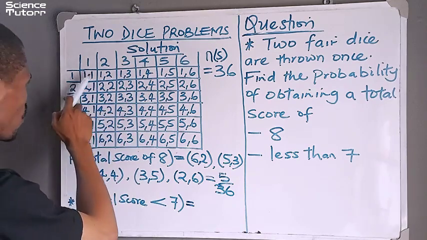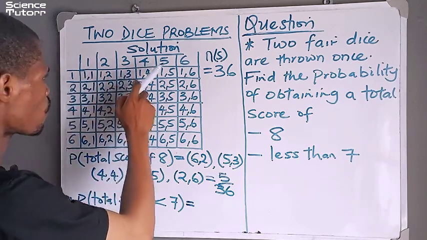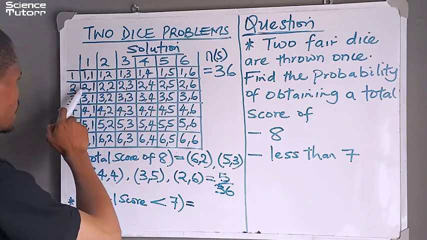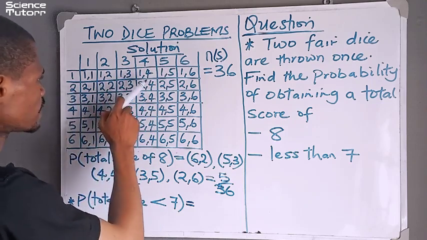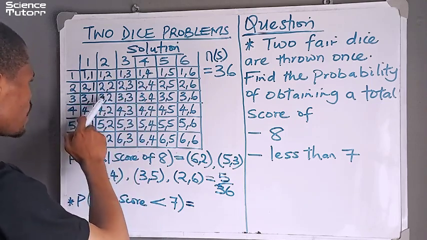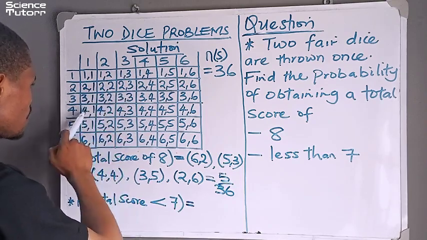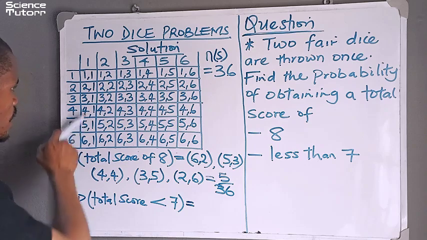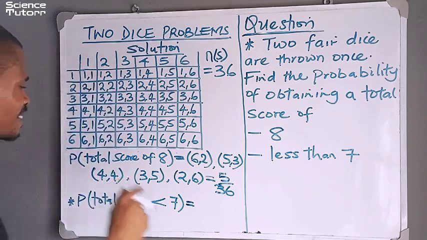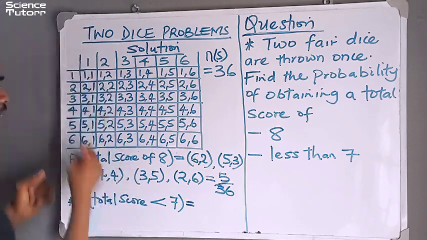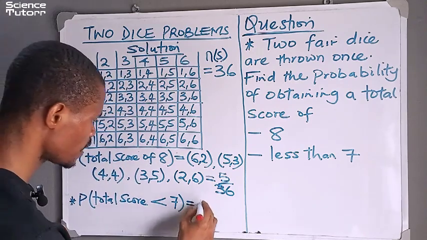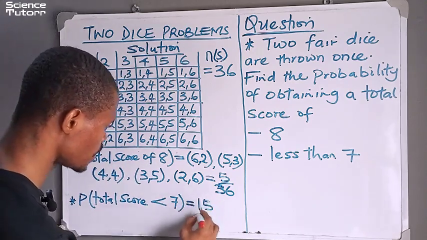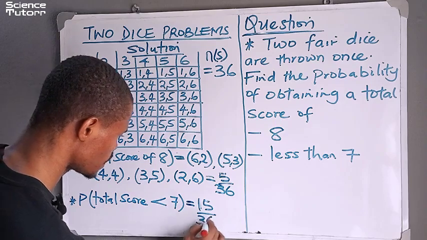We count again: 1, 2, 3, 4, 5, 6, 7, 8, 9, 10, 11, 12, 13, 14, 15. So all these pairs are less than 7 when added together. So for less than 7, we have 15 out of 36.